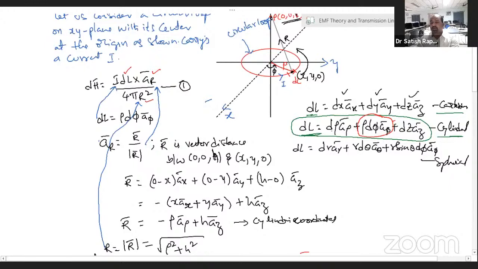Here I forgot to tell you, you can write it in a general form: dl is equal to h1 du au bar plus h2 dv av bar plus h3 dw aw bar.